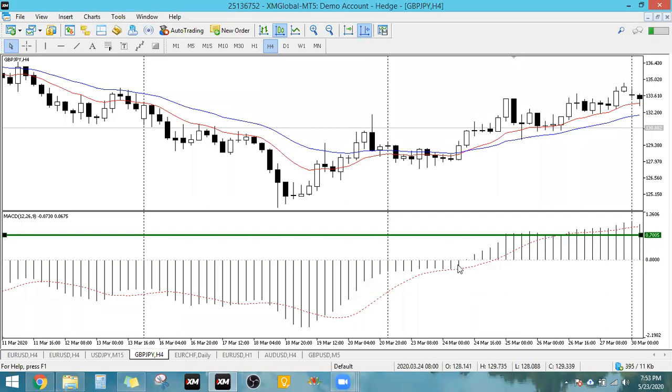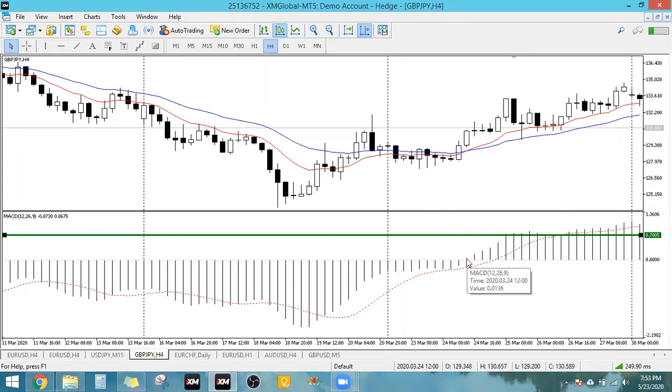Pag nilagay nyo naman yung mouse nyo dito sa mga bars, makikita nyo yung level ng histogram dyan. Eh, no? MACD value, negative 0.1596. Tapos kung titingnan mo yung next bar, value, 0.0136. So kumbaga from here to here, nag-crossover na siya from negative to positive side.